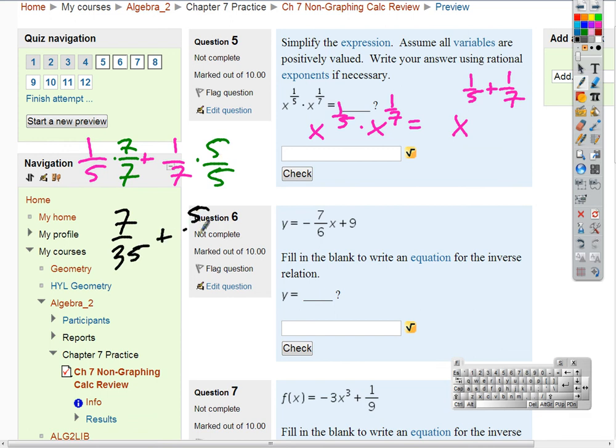plus 5/35 is how many 35ths? 12/35. So my answer should be x to the 12/35.